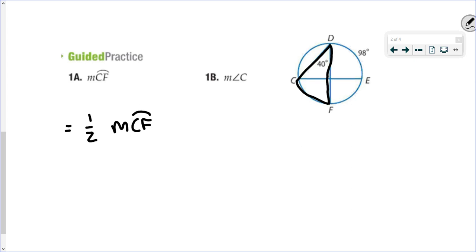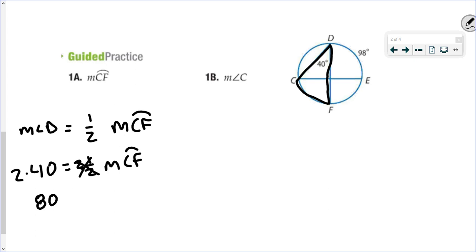We know 1/2 the measure of the intercepted arc is equal to the measure of the inscribed angle, which is angle D. And so we can just plug in angle D, of course, is 40 equals 1/2 the measure of CF, which is what we are looking for. So again, multiply both sides by 2. 2 times 40 is 80 degrees. So there we have found the measure of arc CF.